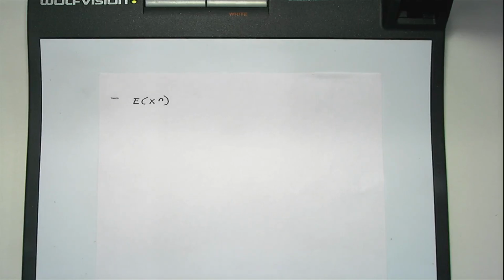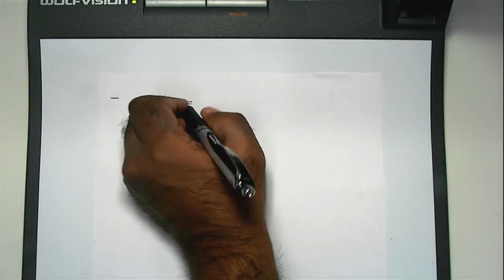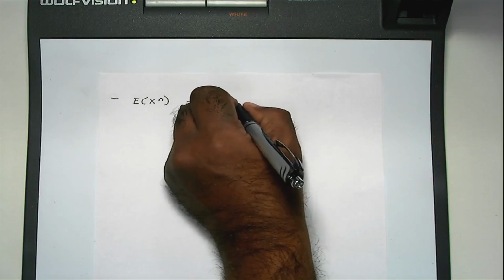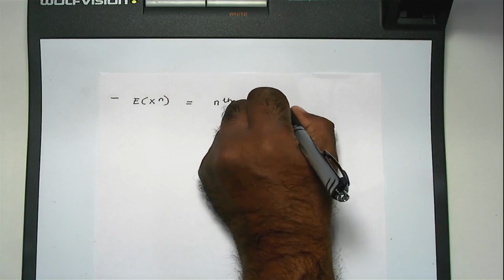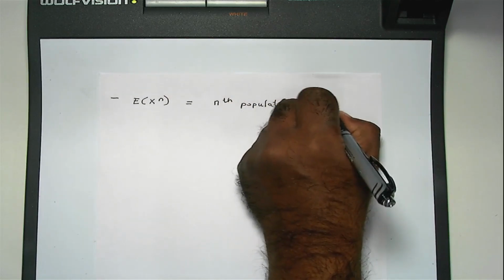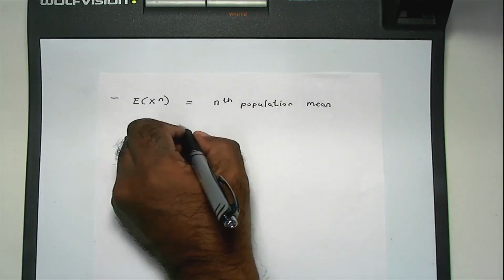And this is known as the nth population mean, right? And it is defined as follows for the two cases.